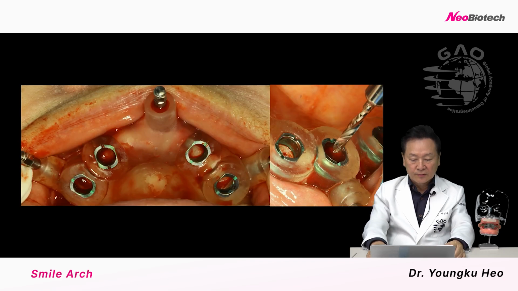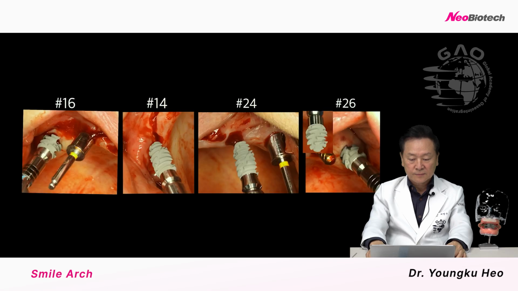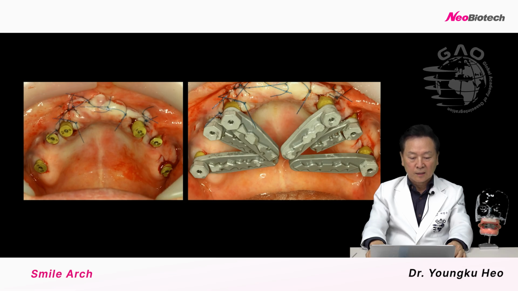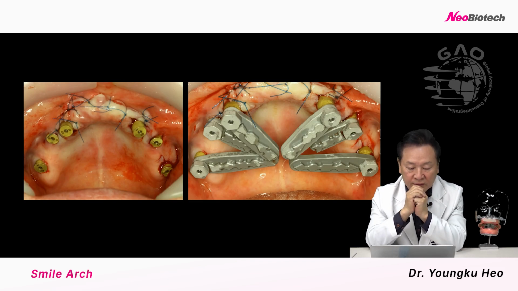So we do the surgery with this surgical guide. I was using LXIT in the upper teeth. We placed 6 implants. Because I needed some bone reduction, I had to open the flap, and then we closed the soft tissue with sutures and connected the smallest skin body.